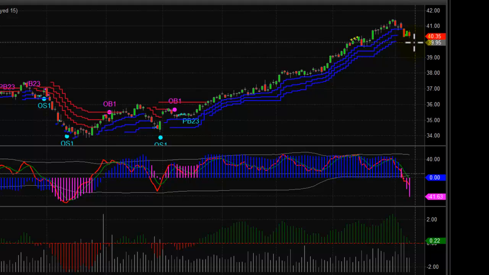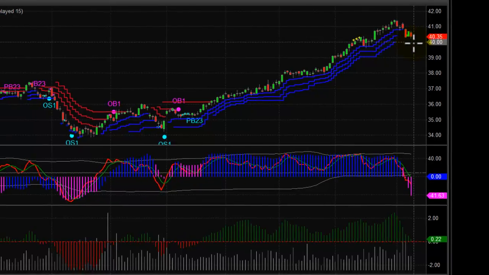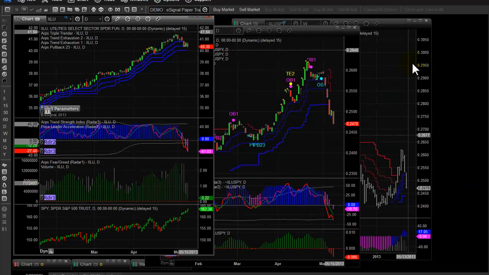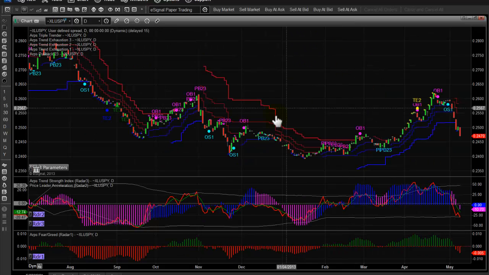We still have at least one trender still bullish. So even though XLU has been going up with the SPY, you can see from the other charts that it has not been going up as strongly as the SPY over the last several years.